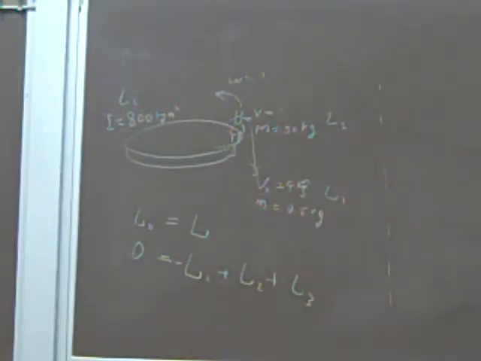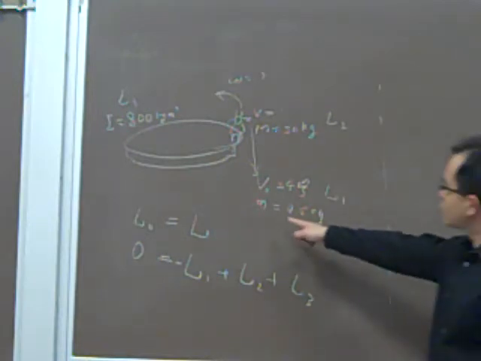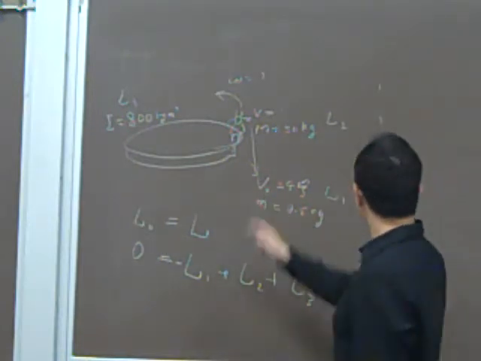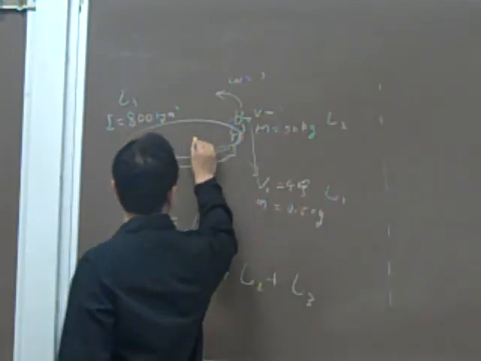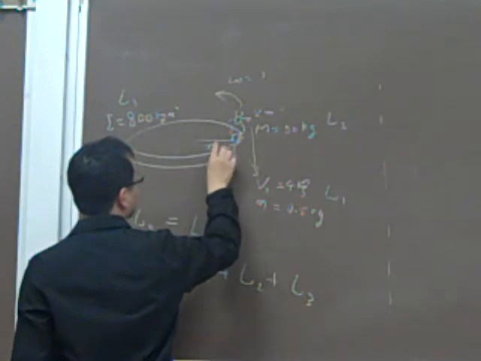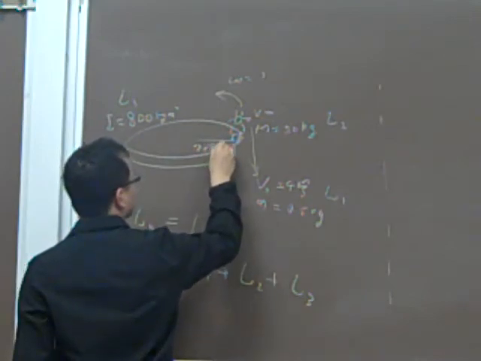And now we're going to use some definitions to calculate each term. For L1, how would you like to calculate the angular momentum? You know the mass, you know the velocity. By the way, do we know the radius for the merry-go-round? Yes, r equals 2 meters.